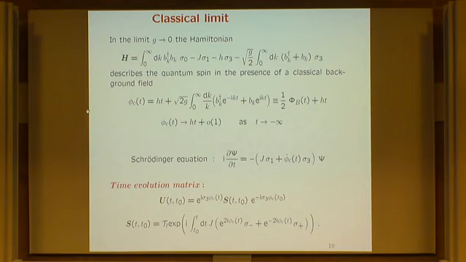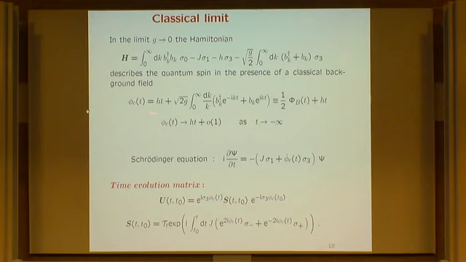Why? Let's consider the limit when the coupling G goes to 0, the big coupling regime. In this case, we can interpret the physics as the motion of a quantum spin in the presence of a classical background.